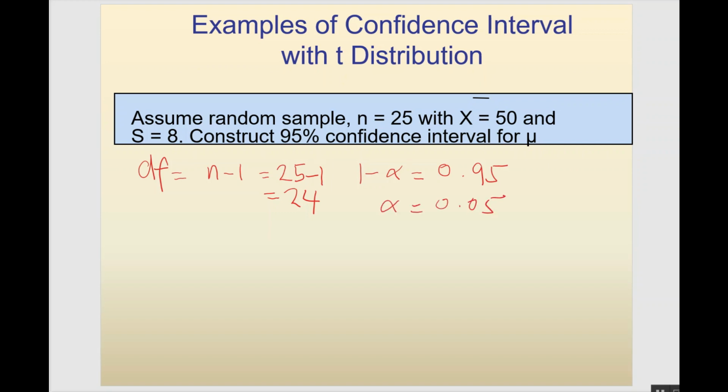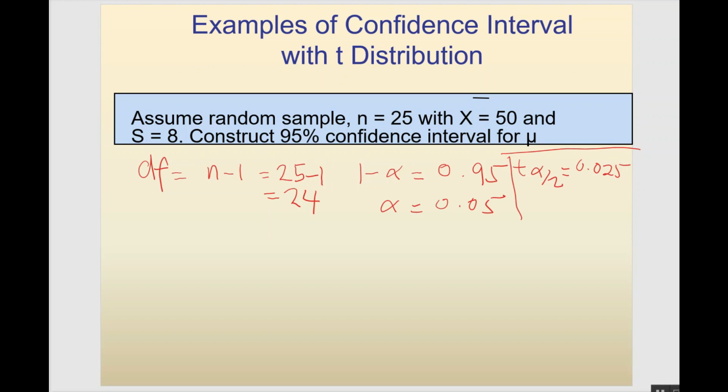Your t alpha divided by 2 is going to be 0.05 divided by 2, so you'll be getting 0.025. You need to find this value first from the table, the same step like we did for the Z table. Once you get the value of Z alpha divided by 2, you go and find it from the Z table. Then only you can proceed to the next step. Same goes for the T table.